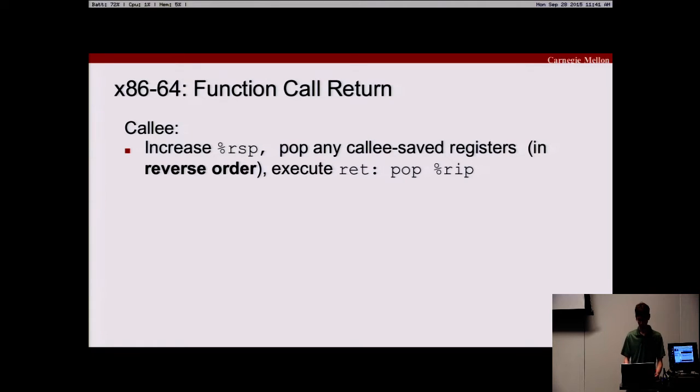And then you execute the return instruction. What the return instruction does is it pops the address on the top of the stack, and then it goes to that address. So return is sort of just a shortcut for that. Does that make sense, how that would get us in and out of a function?